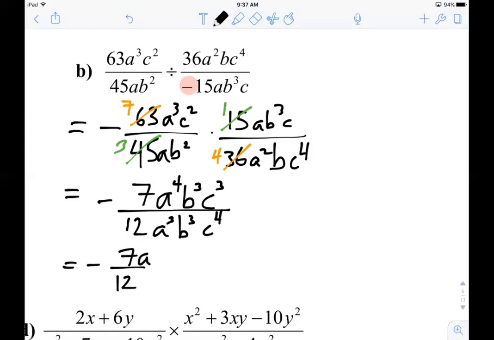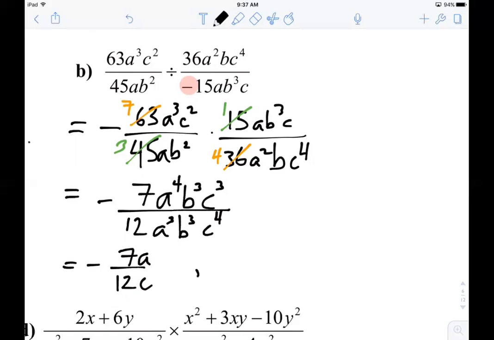The b's are actually going to completely reduce one another, so it's like I'm dividing both the top and the bottom by b cubed, and they just become 1s, and they won't need to be written anymore. And then for c, I can eliminate 3 of my powers on top and 3 of my powers on the bottom, but that's going to leave 1 single power of c on the bottom of this expression. So negative 7a over 12c is the simplest way that I can write this.